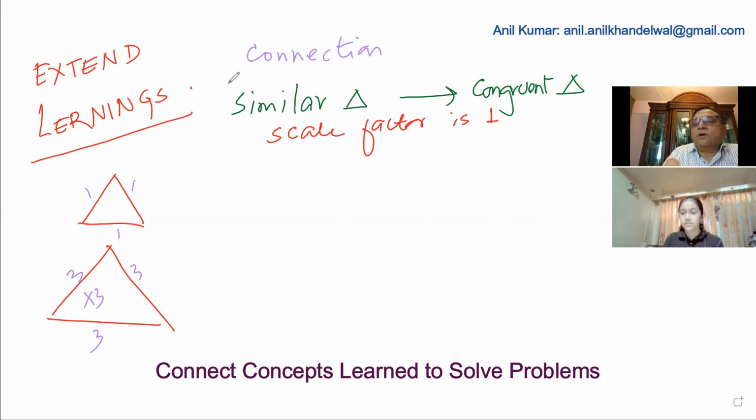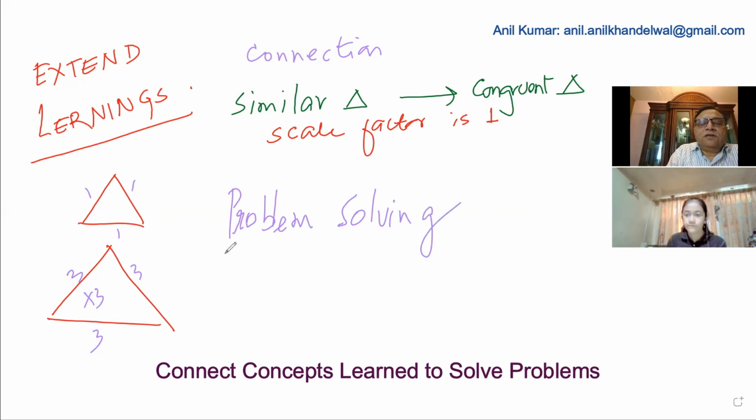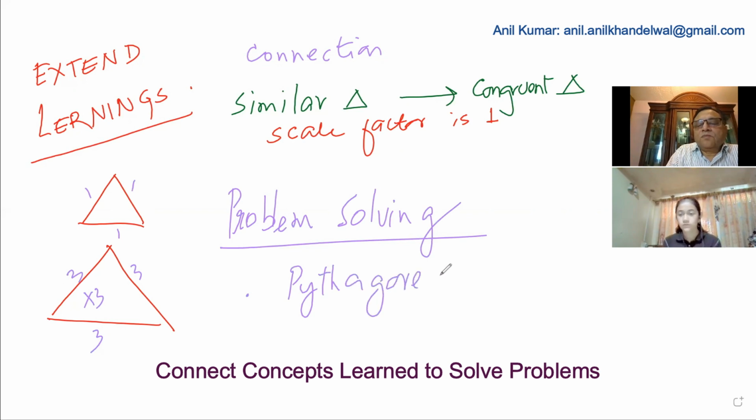Now how we are going to connect is problem solving using other concepts. One of the important concepts we look into is the Pythagorean theorem. Do you remember the Pythagorean theorem in a right angle triangle? What is it?